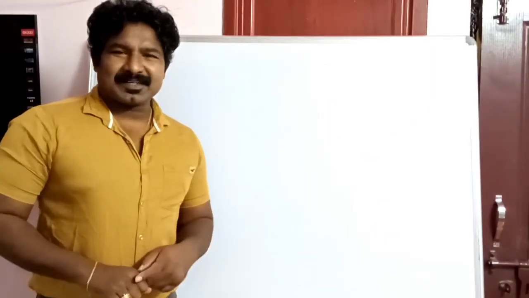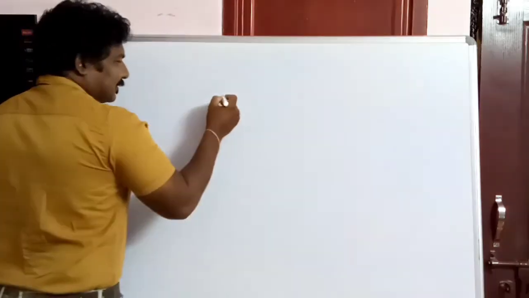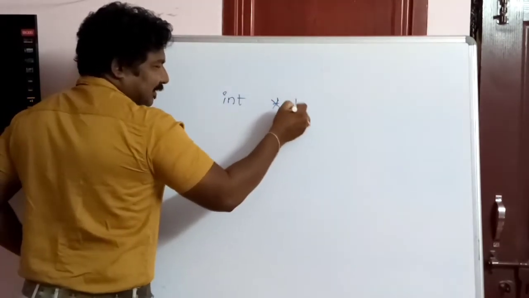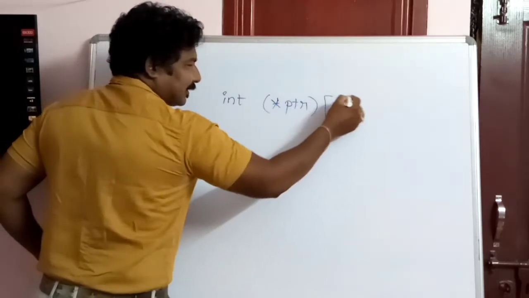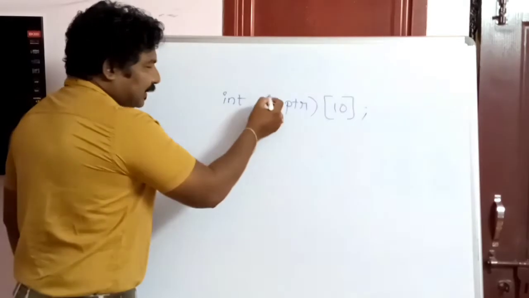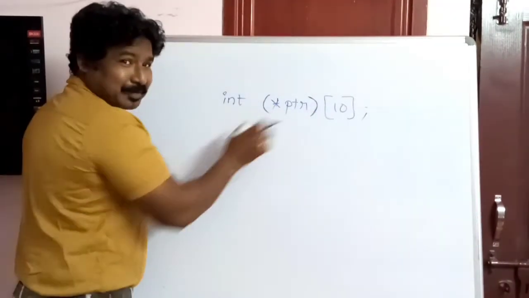The next bit I'm going to discuss is about pointers. Most of the times you will see int star ptr inside square bracket 10. What does it mean? Here we have written this star ptr inside a parenthesis.